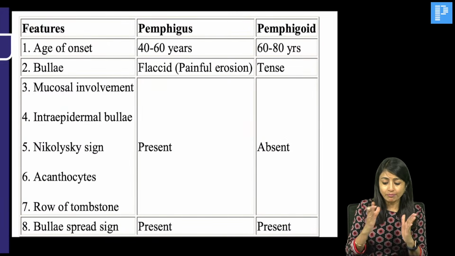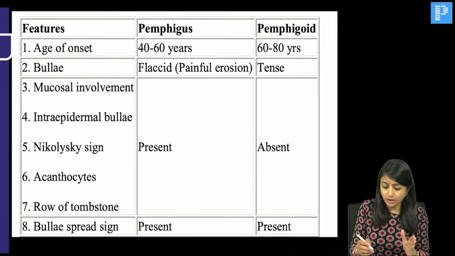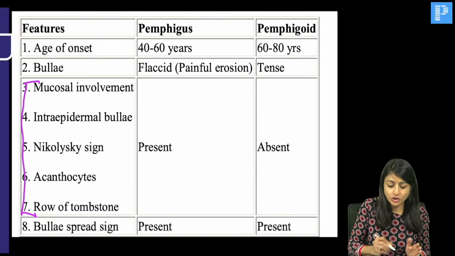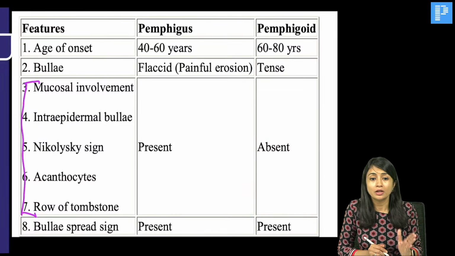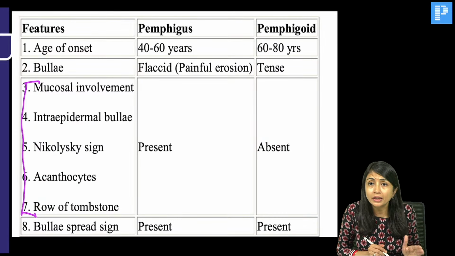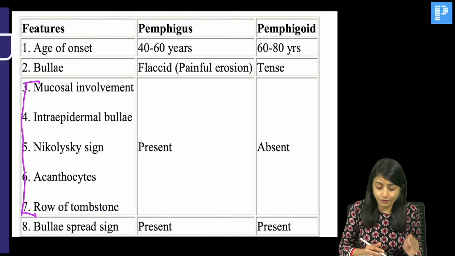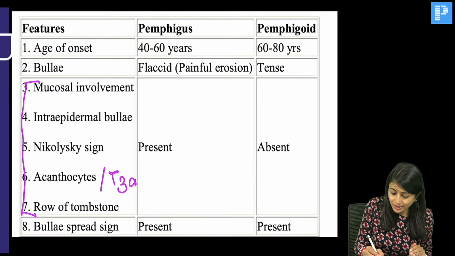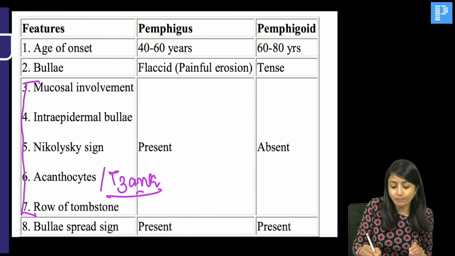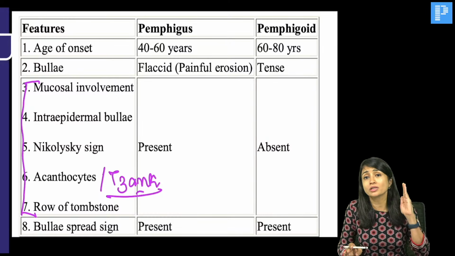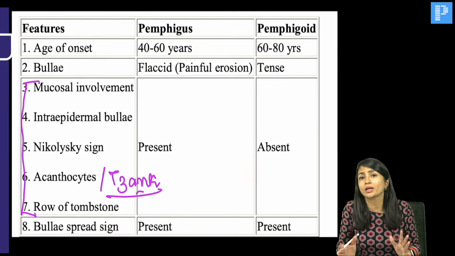So, quickly, pemphigus and pemphigoid, some of you told me, are differentiated on the basis of MINAR: mucosal involvement, intraepidermal bullae, positive Nikolsky sign, and presence of acanthocytes or Tzanck cells, which is only seen in pemphigus, not in pemphigoid, because it is a subepidermal split. There are no keratinocytes there.